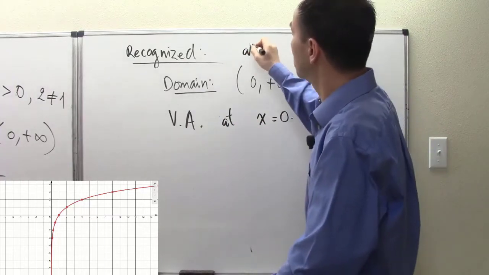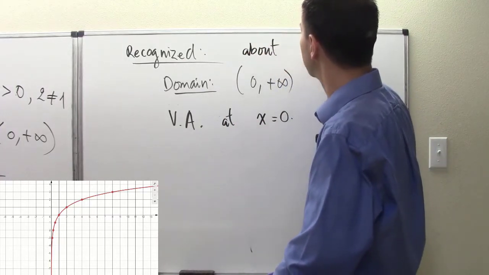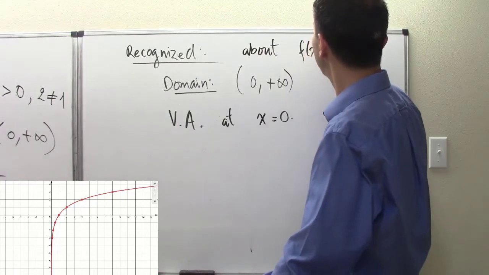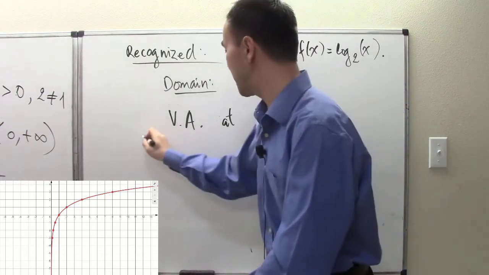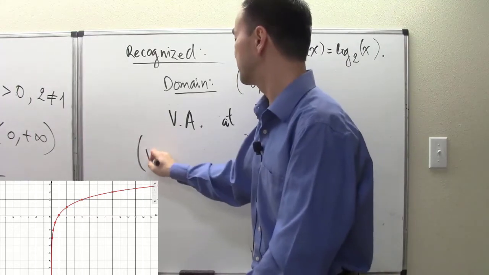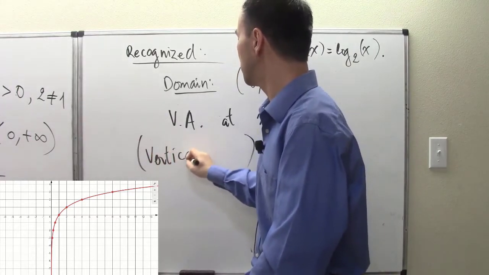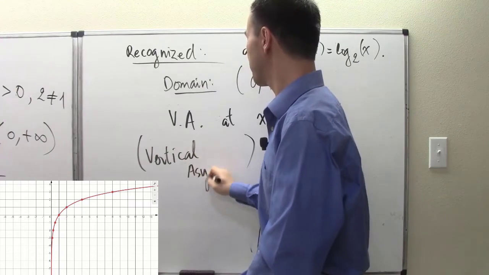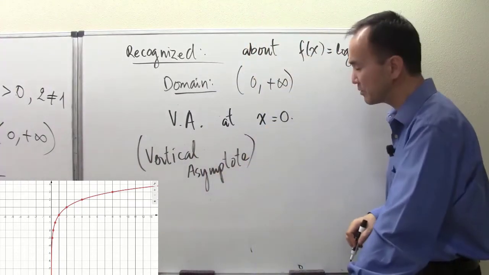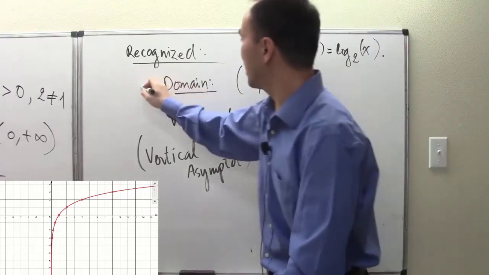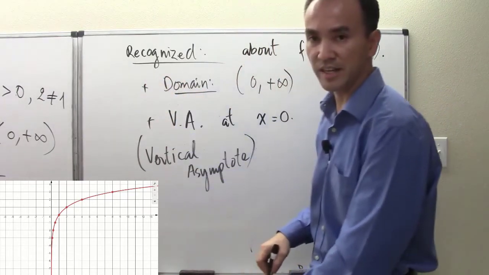So this is what we recognized about our function f of x defined as log base 2 of x. This VA is short for vertical asymptote, and that's one characteristic. This is the second characteristic.